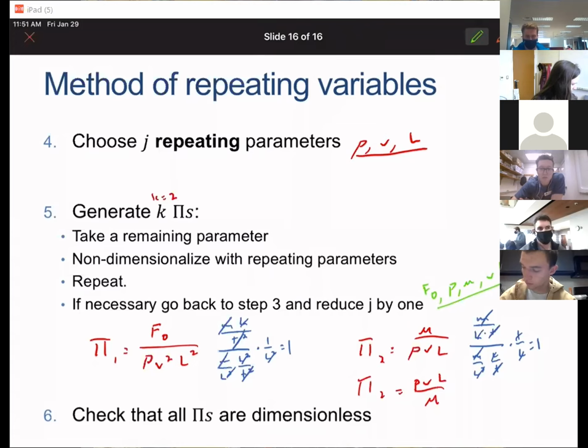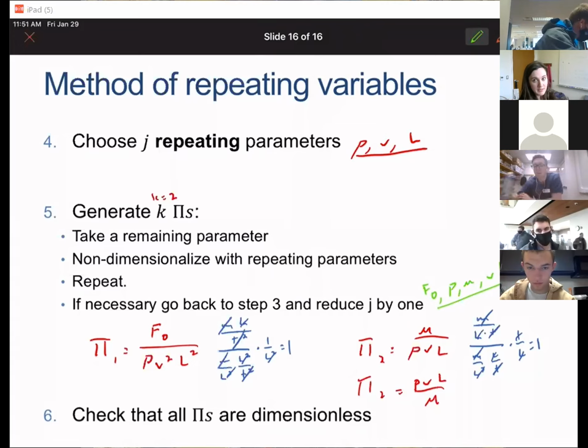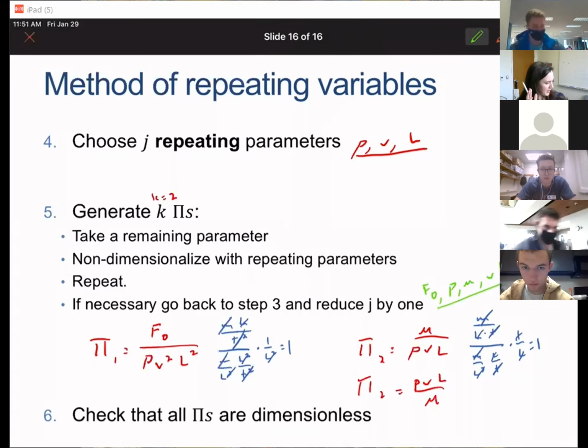Yes, example 7.7 in your book, reduction in a soap bubble. Go over that one because that's one where they start out with n equals 3, and so they start out thinking that they're going to have just 1 pi, and then they have to have 2. If I remember correctly, that's what it is. But go through that example, and I think that's the best way to understand that.